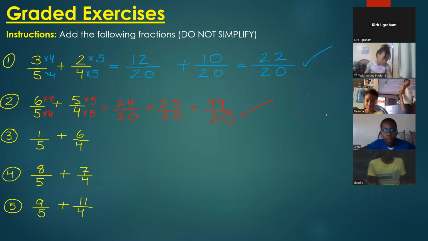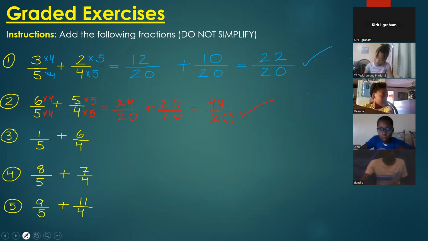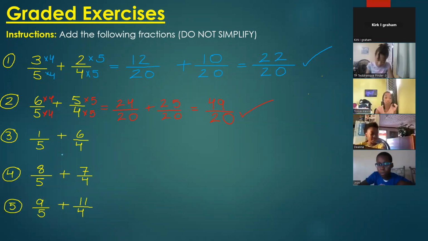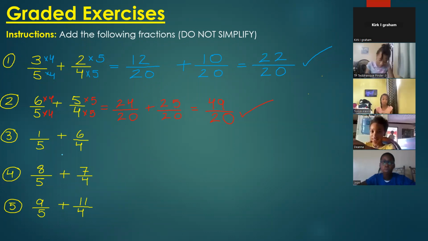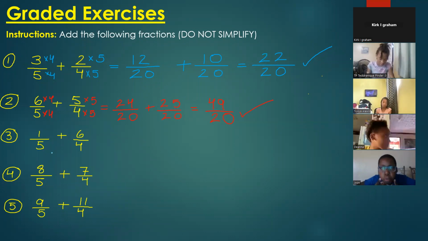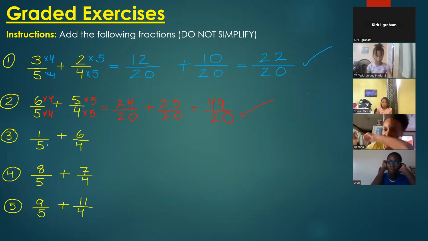DeAndre, help you out with number 3. First, we're going to get the LCM of 5 and 4. What is the LCM of 5 and 4? 20. Very good. So what are we going to do?